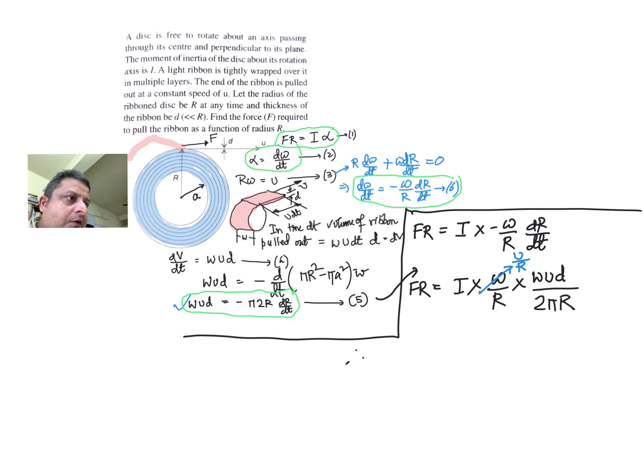So now on the left, F times r, this r will come here and becomes r square. So F is equal to I u square w d by 2 pi r.